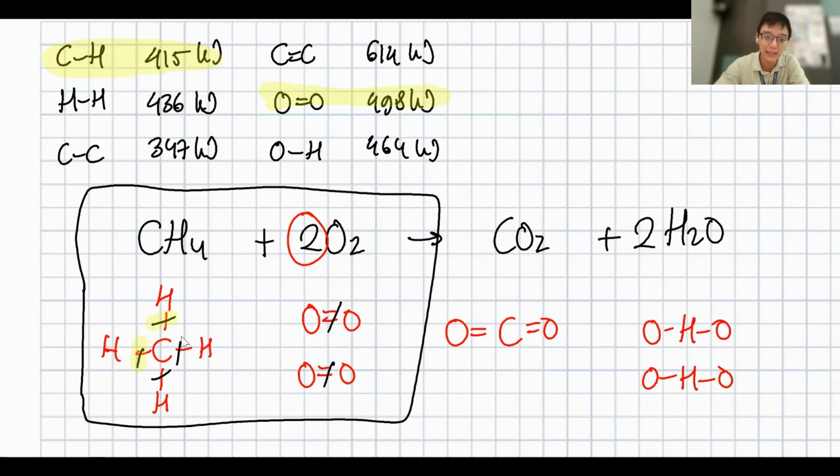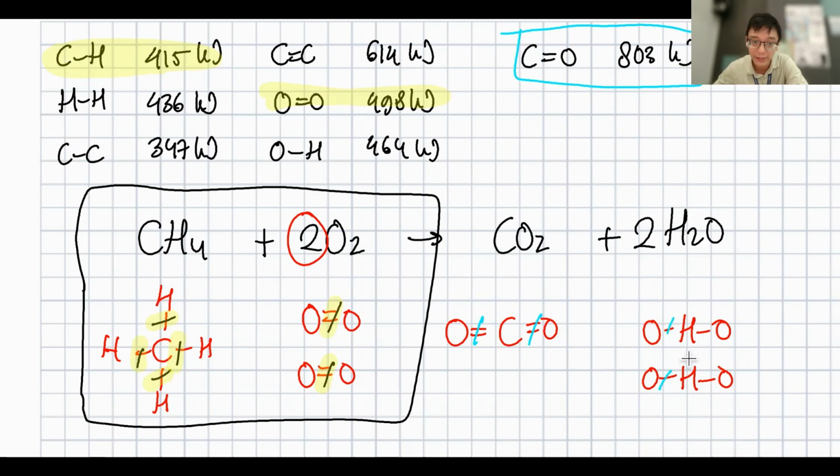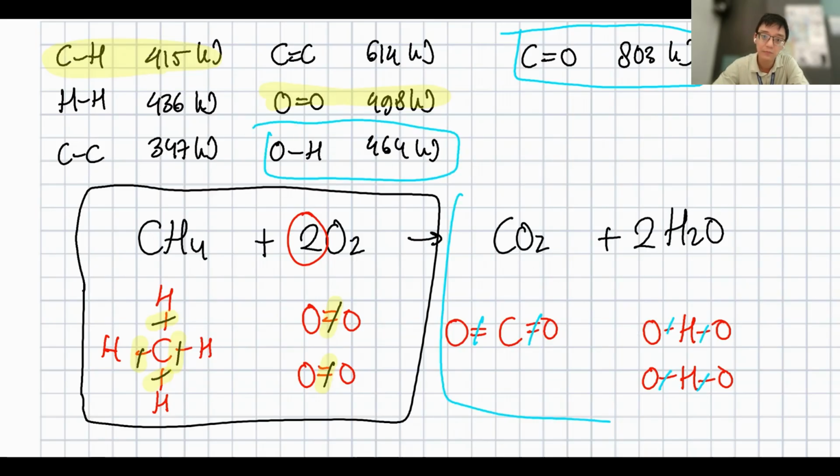So this will be energy taken: one, two, three, four, and this two. Wait, we're missing one piece of information. C double bond O, if I'm not mistaken, is 803. So we need this two times, and we need O-H one, two, three, four times in order to create this energy release.